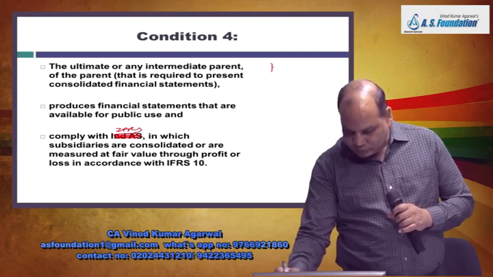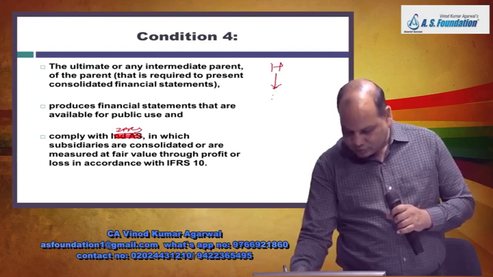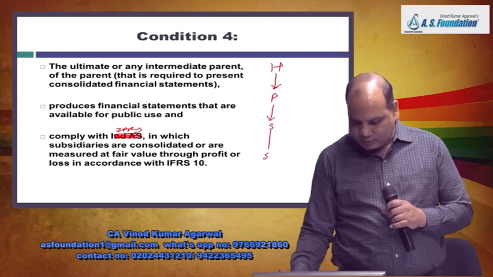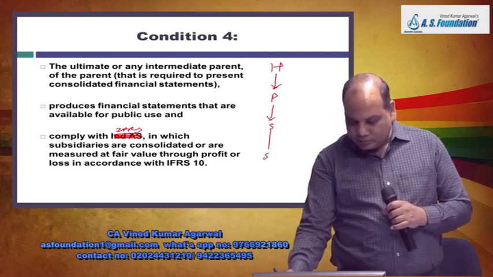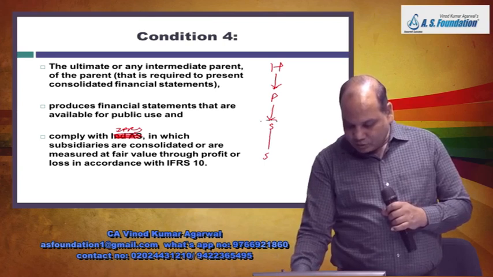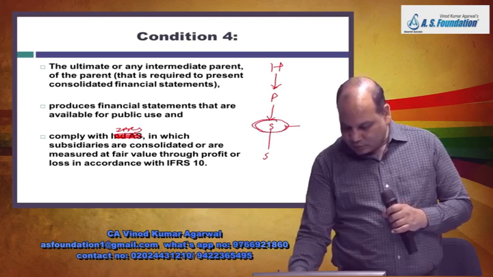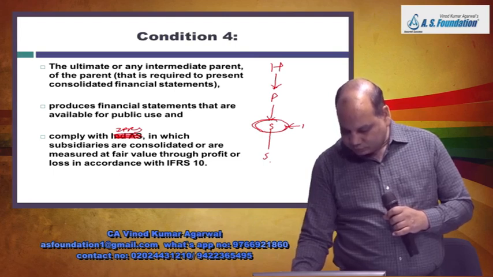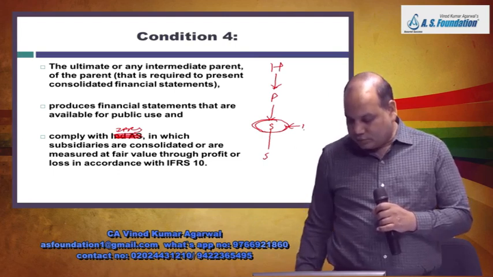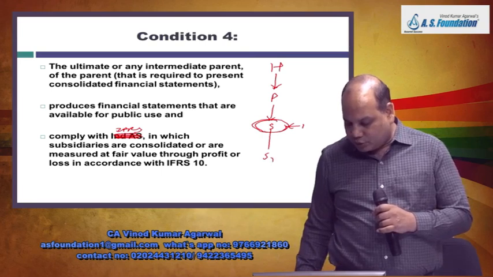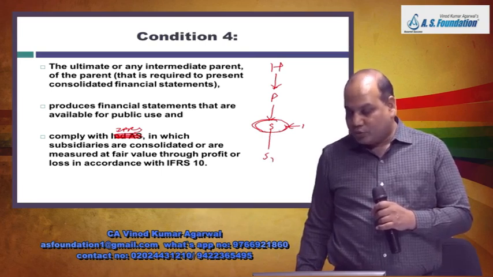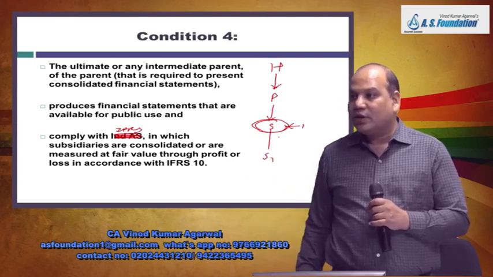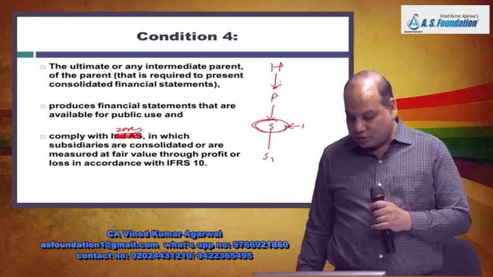Now we'll take the same example, H, P, S, S1. Now this paragraph says, you are S Limited, you are parent of S1. Okay, so the question is from the point of view of S, who is a parent of S1. Assuming first three conditions are satisfied, what is the last condition?